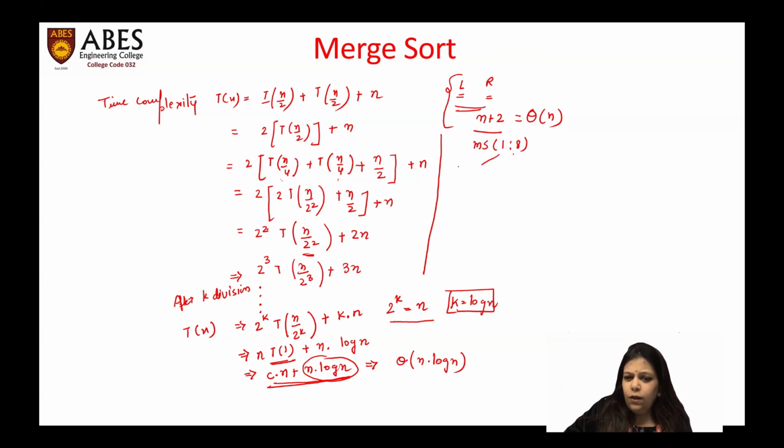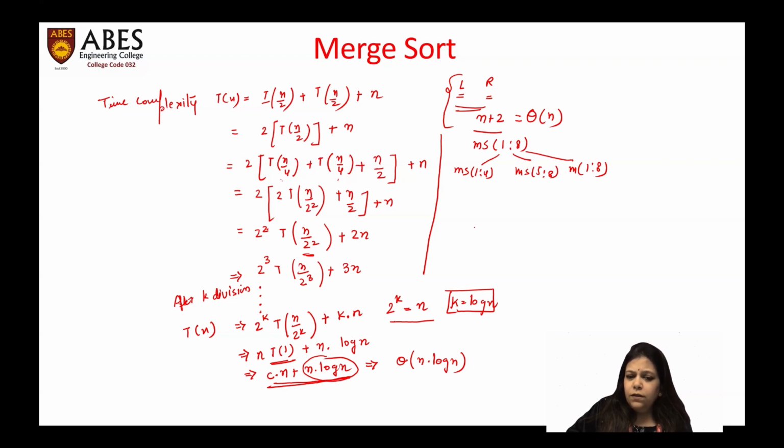This will again call merge sort for 1 to 4 and merge sort for 5 to 8, and then it will call merge for 1 to 8.